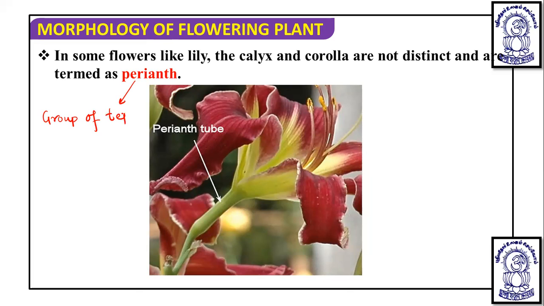And tepal represents what? Fused sepal and petal. So when the sepals and petals are fused, they form tepals, and the group of them is a perianth. Okay, we know that the group of sepals is calyx, and the group of petals is nothing but a corolla.